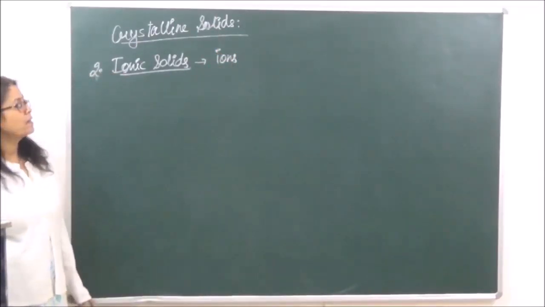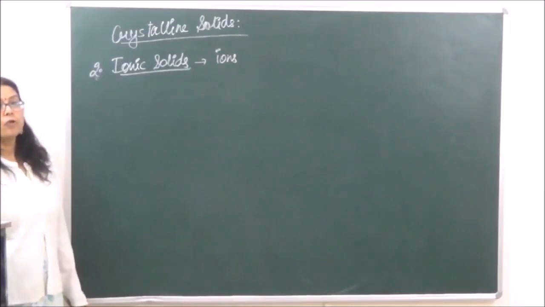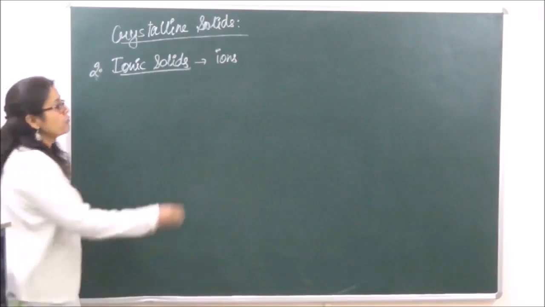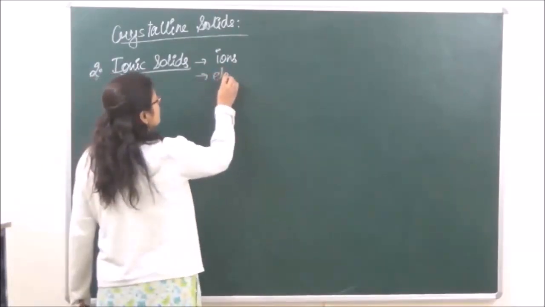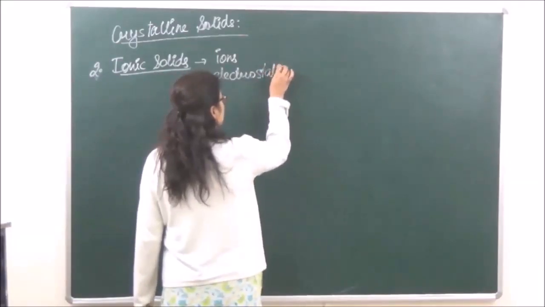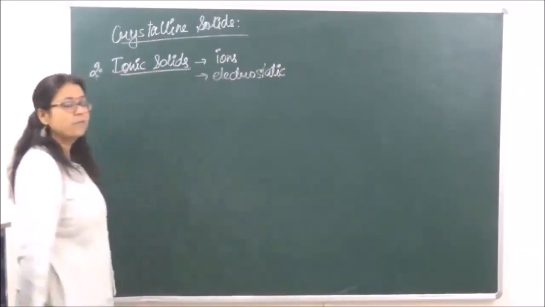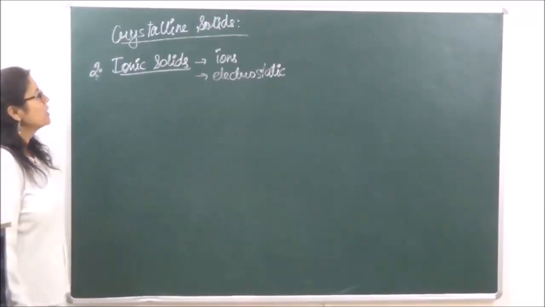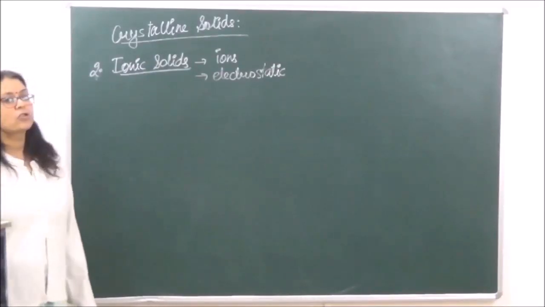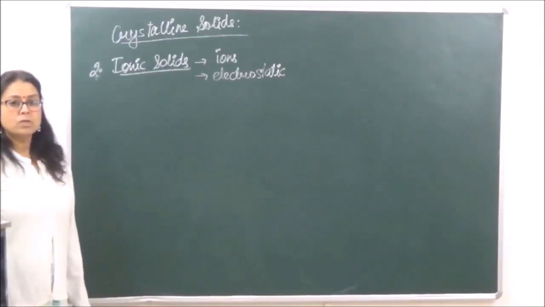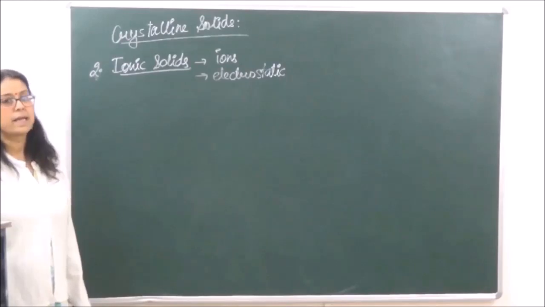The forces of attraction over here are electrostatic forces of attraction, because ions would be having a positive charge and a negative charge. Therefore, we say that they have electrostatic forces of attraction. All ionic compounds come under this category.